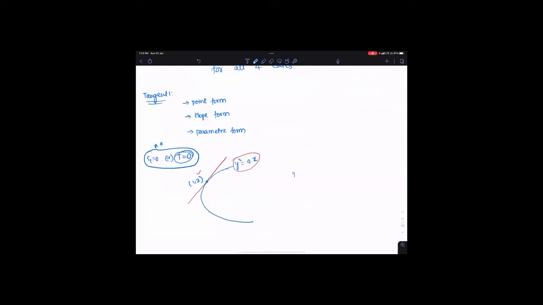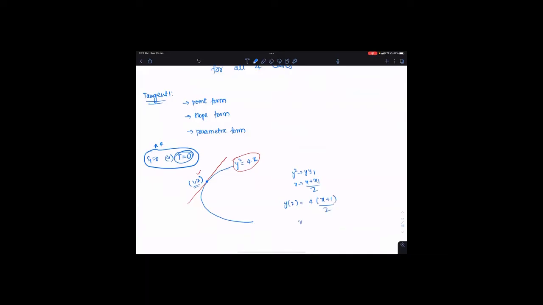That means your y square you will write as y y1, and x you will write as x plus x1 by 2. Now in this case, y1 is 2, using the point (1, 2). So y into 2 equals 4 times (x plus 1) by 2.